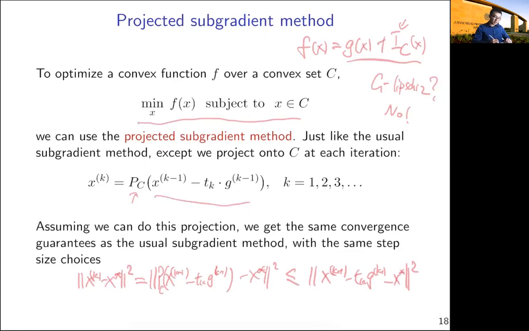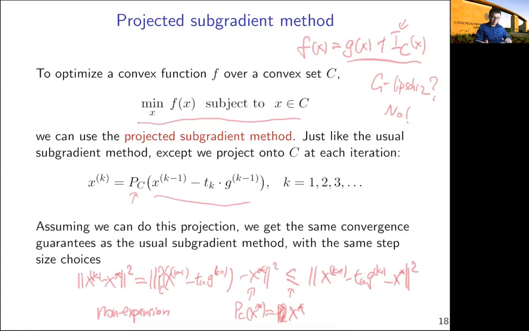To see this, notice that the projection onto C of x star is simply x star, right? Using the fact that the projection operator is a non-expansion, this gives us exactly this inequality.